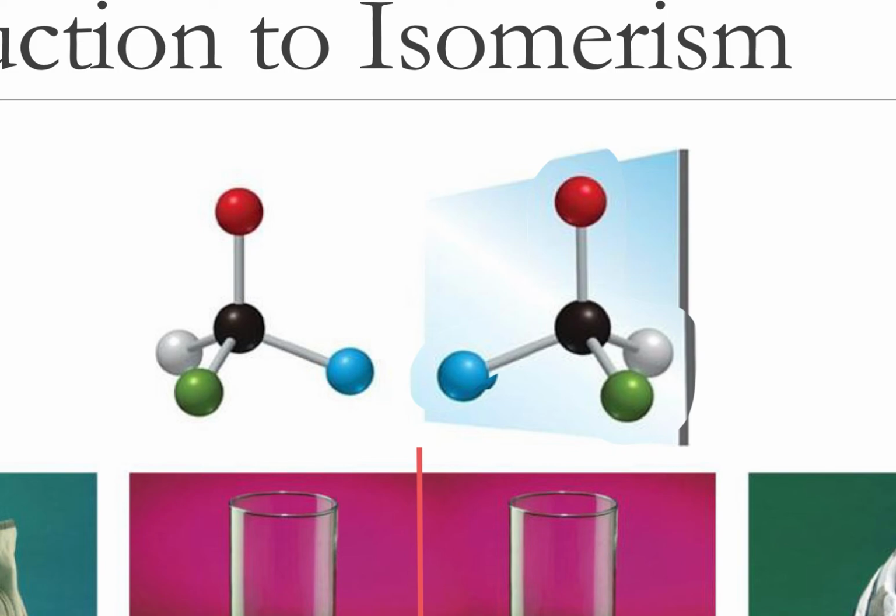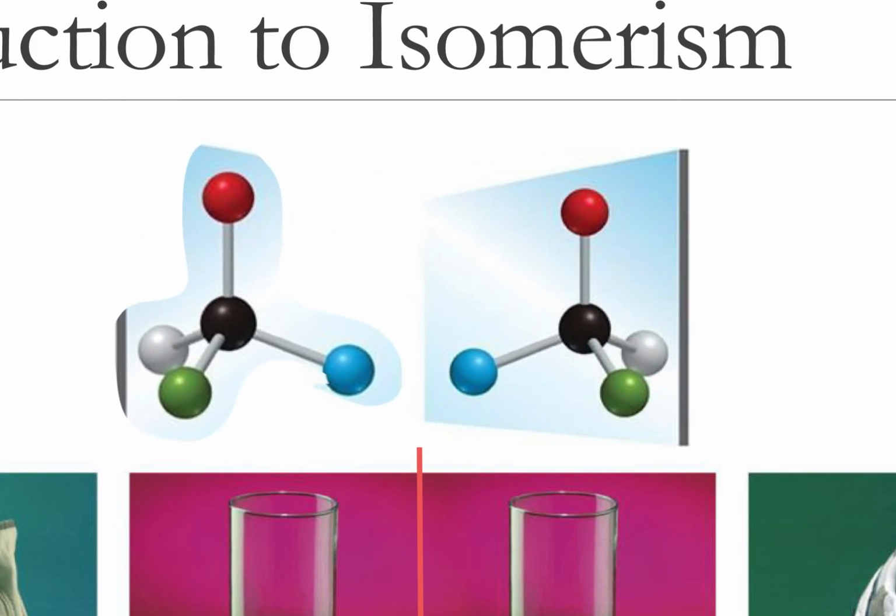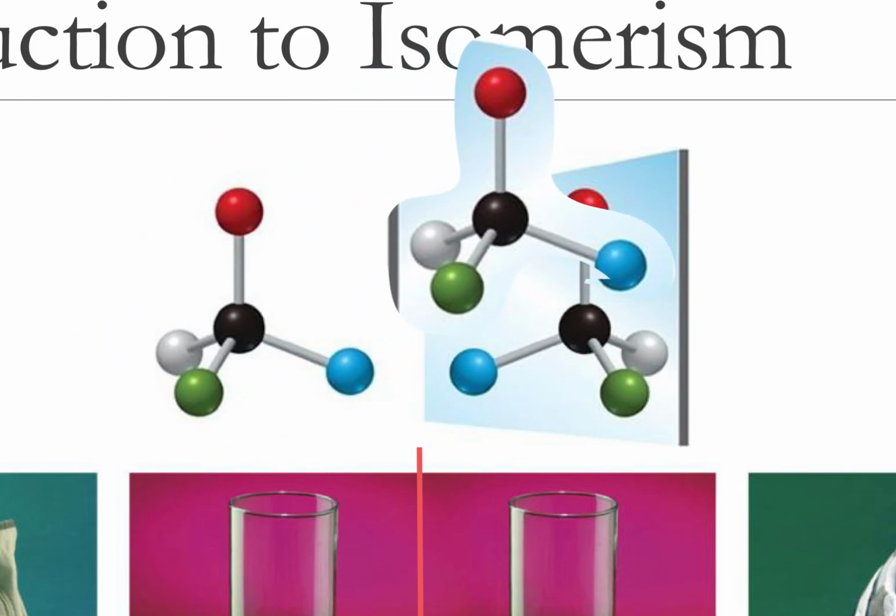But if I take this object and I flip it, it looks like it's the same thing. But if you actually flipped the three-dimensional object in real life, what you have here in green would no longer be in front, it would be in the back, and the white one, which was in the back, would flip around to be in the front, and so it would look like what I've drawn there.